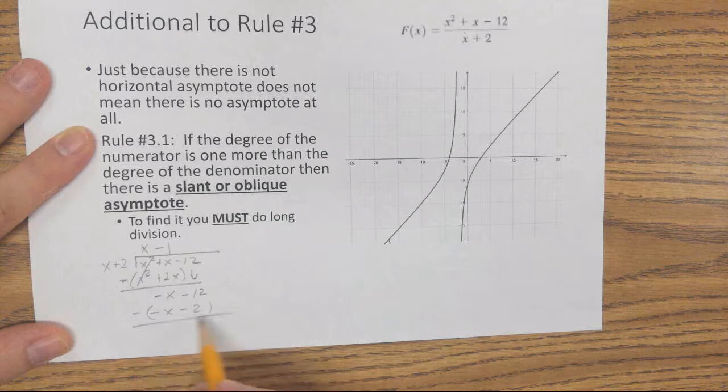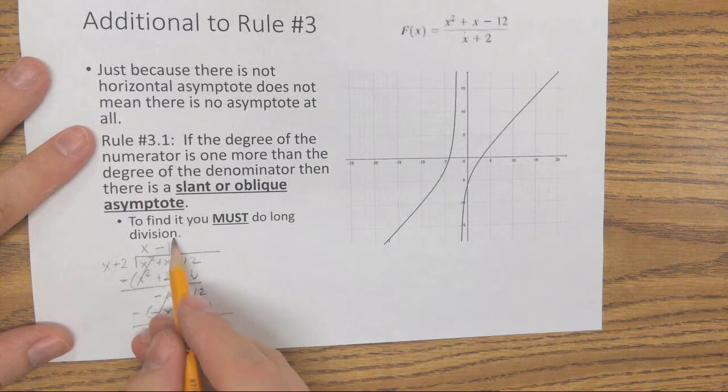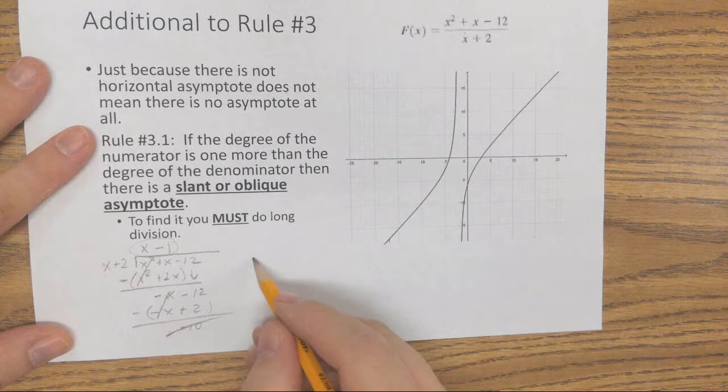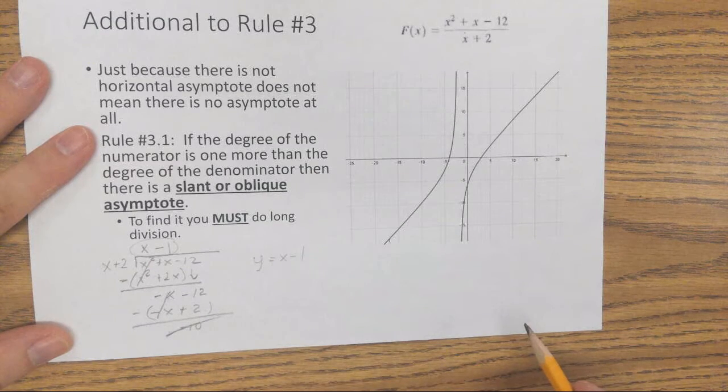I'm subtracting that. That goes away. I end up getting negative 10 here at the end. In this situation, I do not care about the remainder. Just ignore it. So now I've got this line here, y equals x minus 1. Okay?